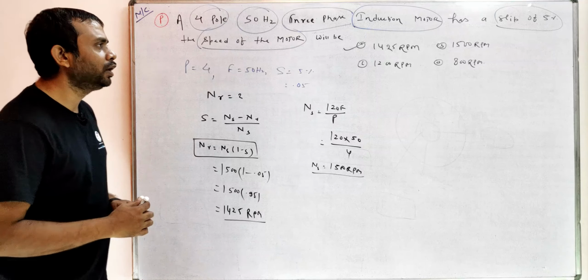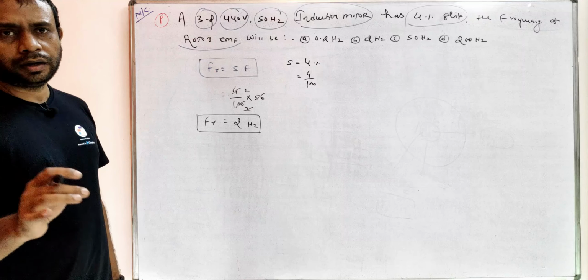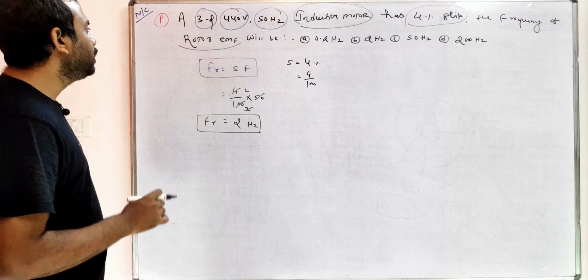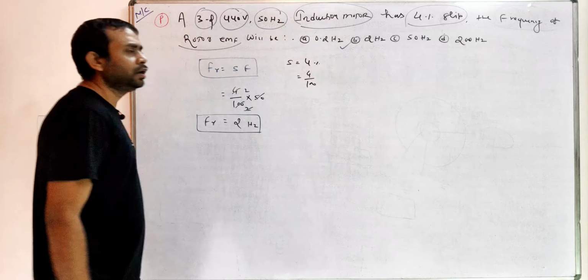All these things are considered with the same solution, because again I tell you that whatever parameter is coming on the rotor side, that will be multiplied by the slip. So be careful regarding these things. The answer for this particular problem is option B, which is 2 hertz.